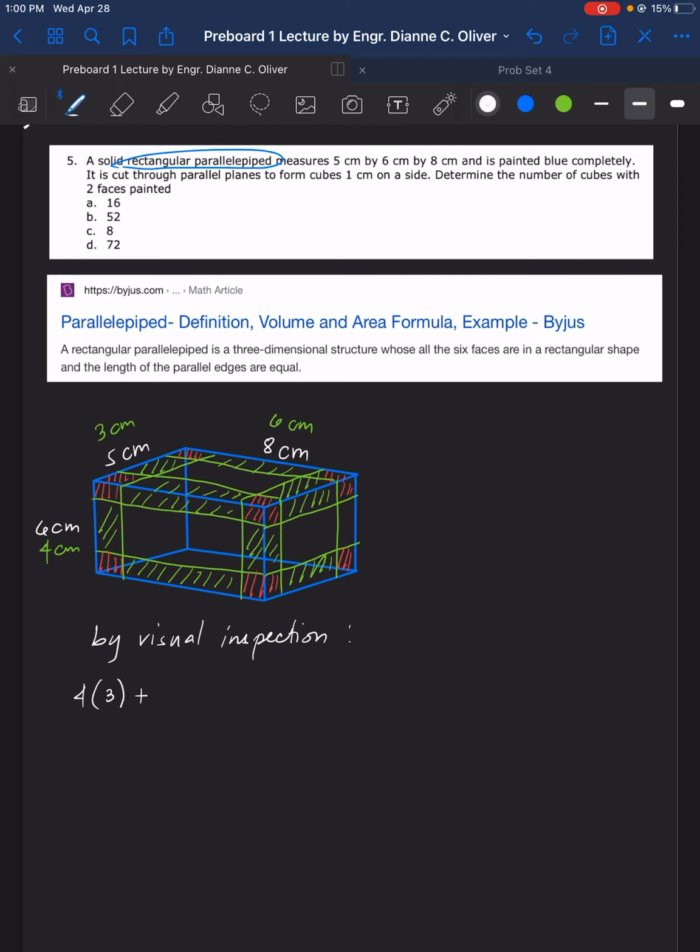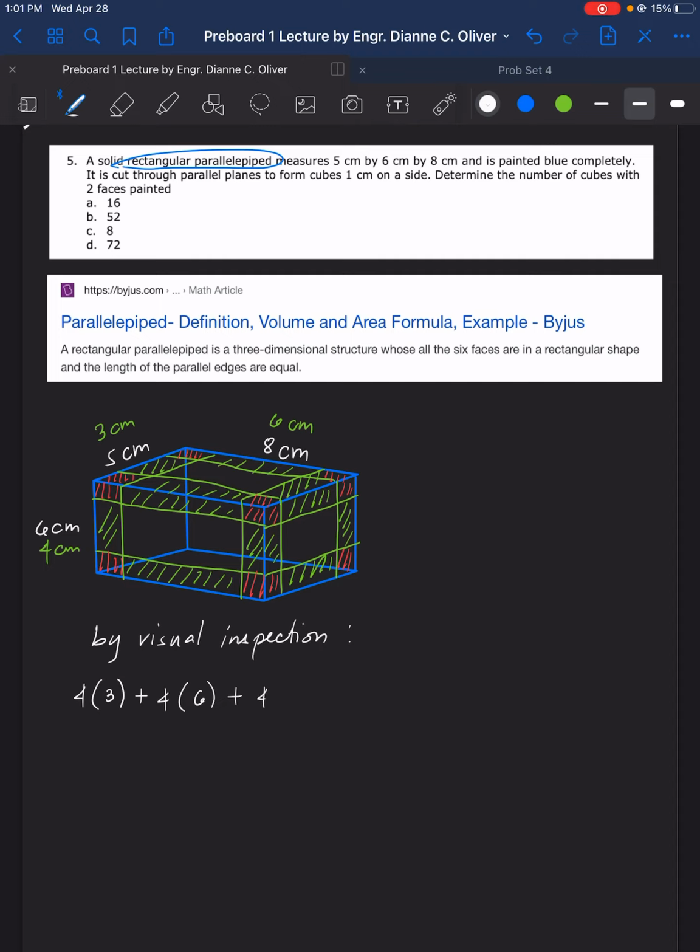If you cut the cubes here of 1 centimeter edge, you get 3 cubes. So we have there 4 times 3. Then here, how many? We have 1, 2, 3, 4. So 4 times 6, plus 1, 2, 3, 4, so this one's included.